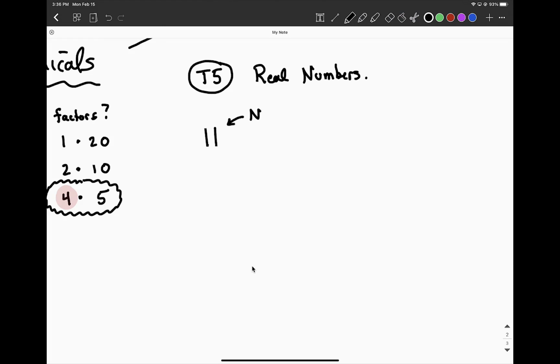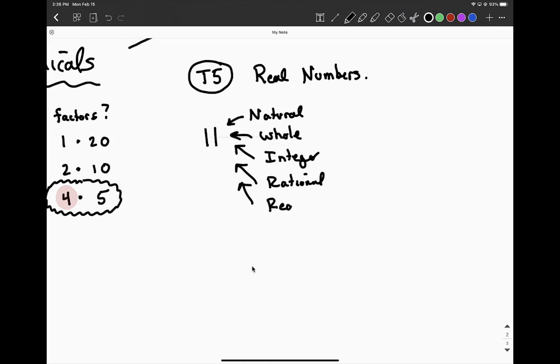It's a natural number. It's a whole number. It's an integer. It's rational. It's real.